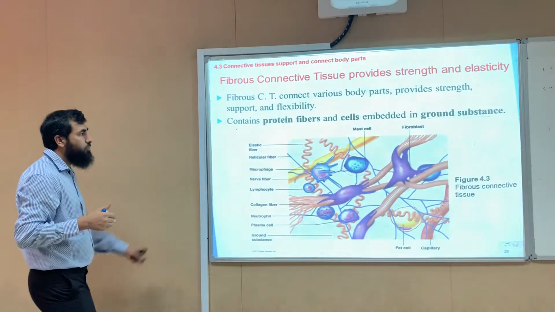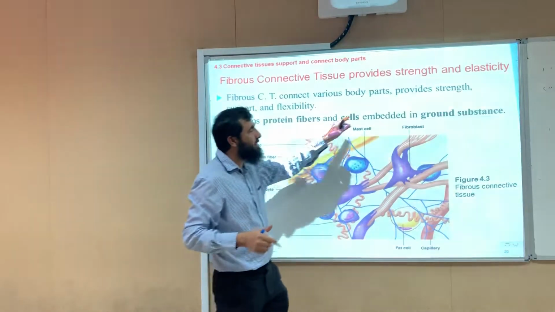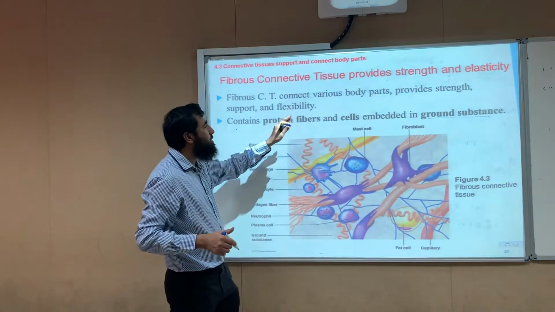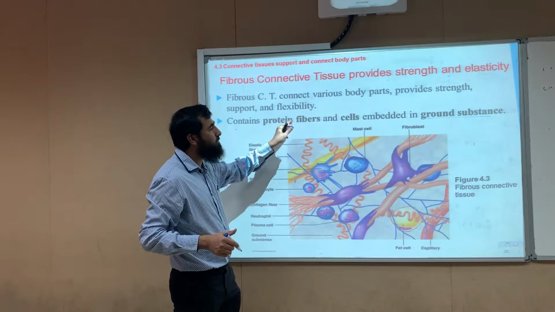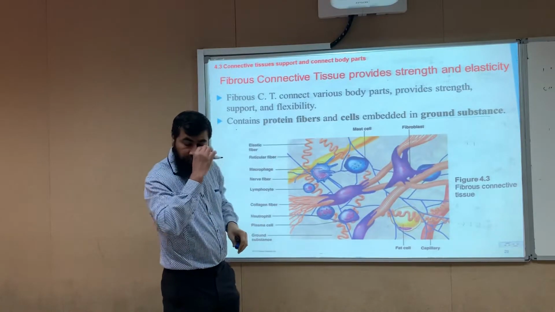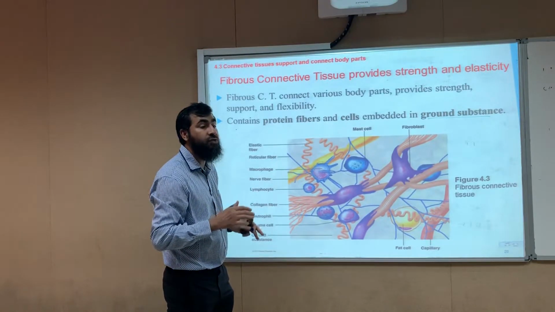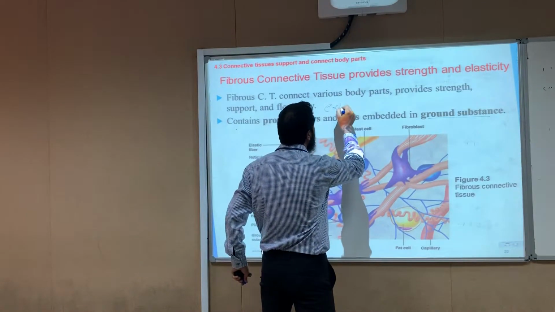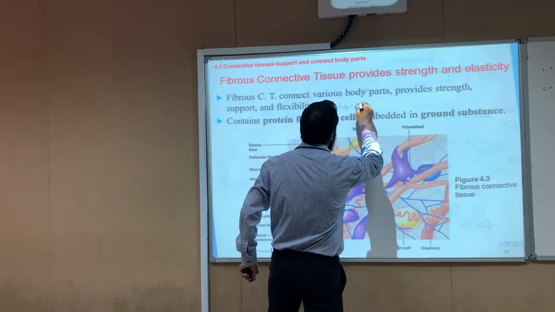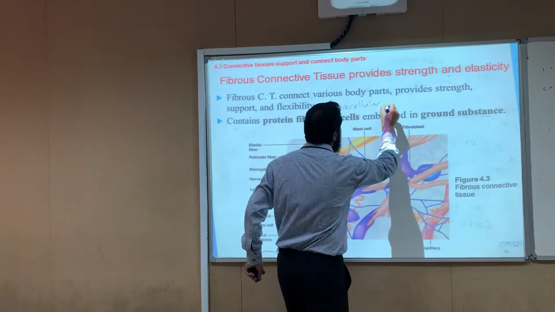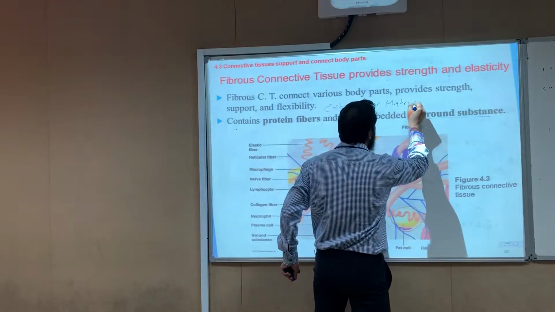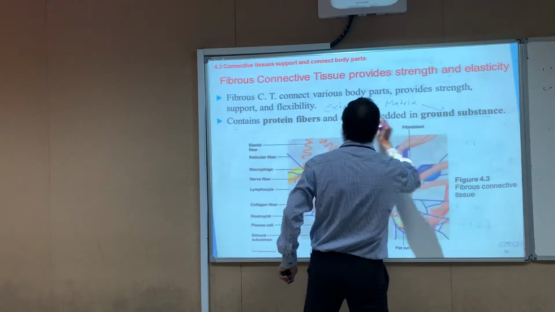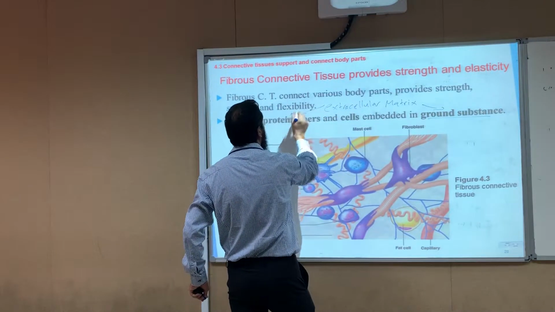So we have the protein fibers, the cells, and the ground substance. The non-living part is the protein fibers and the ground substance, which make up the extracellular matrix, okay?